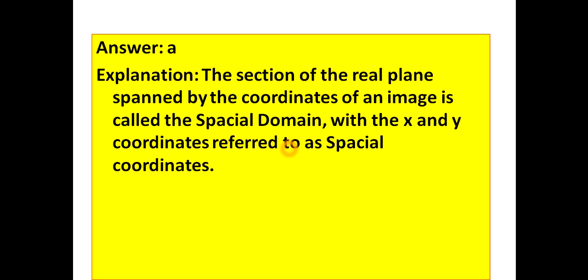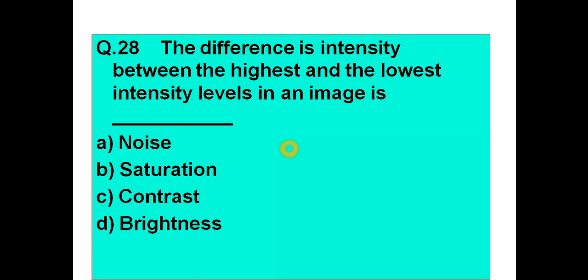Now, coming to question number 28: the difference in intensity between the highest and lowest intensity levels is known as what? Option A, noise, option B, saturation, option C, contrast, and option D, brightness. Just recall the initial lectures of my digital image processing.